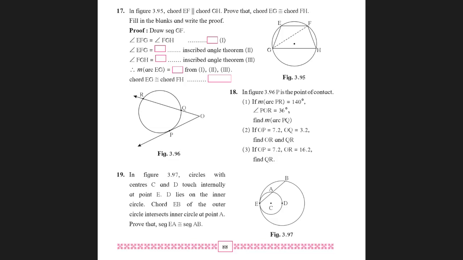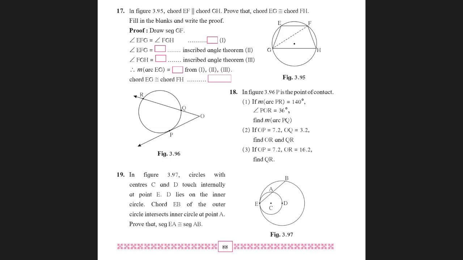Next, angle EFG is equal to half of measure of the arc EG by inscribed angle theorem. That's equation 2. Next, angle FGH equal to half measure of the arc FH. Inscribed angle theorem, equation 3.